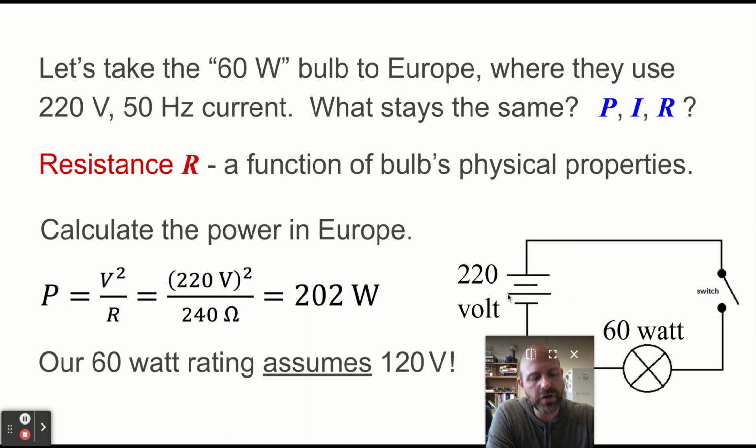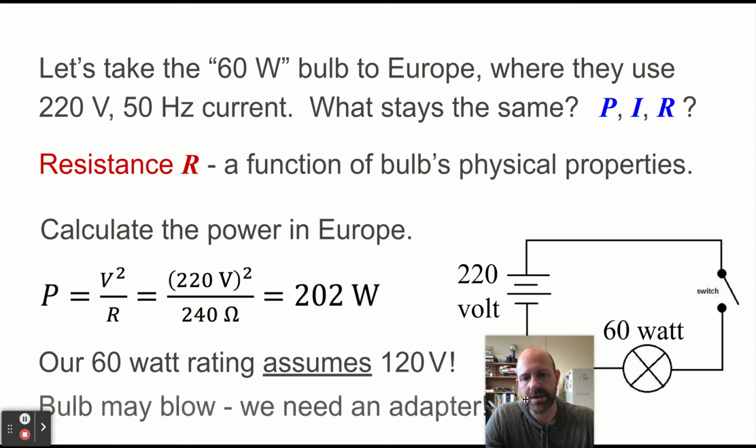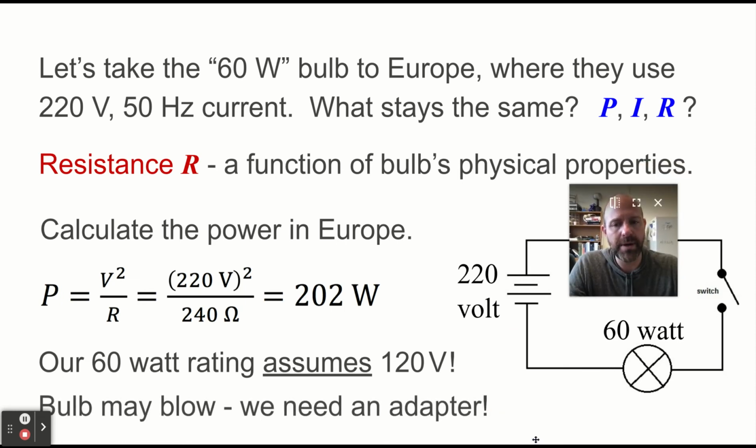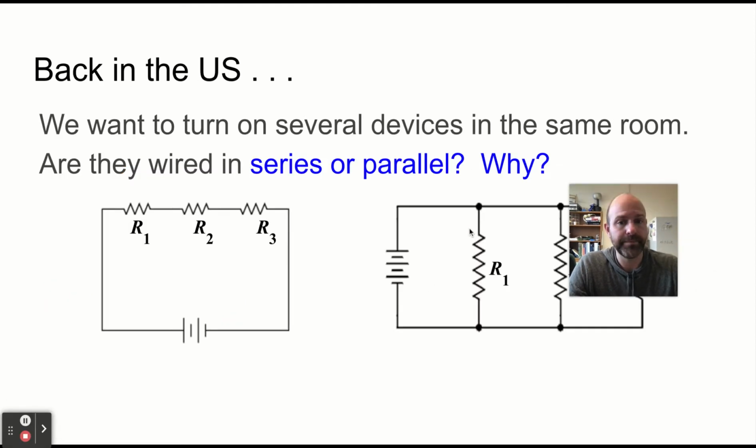So whenever you get a power rating, if someone says, oh, this is a 60 watt, this is a 500 watt thing, that depends on how much voltage it is connected to. So it's not just enough to say what the power is. You could use this light bulb, but you might actually run too much current through it. For it to work, the light bulb might burn out, so you might need some sort of an adapter.